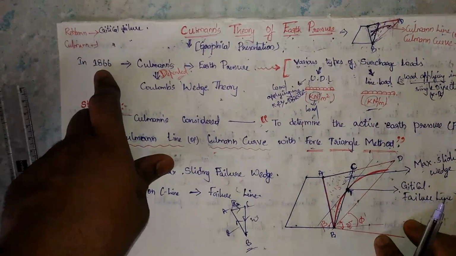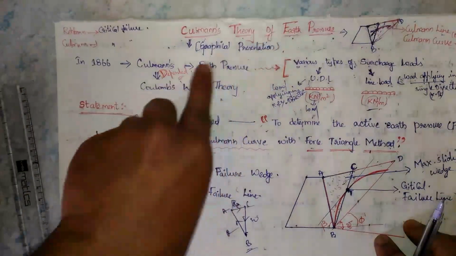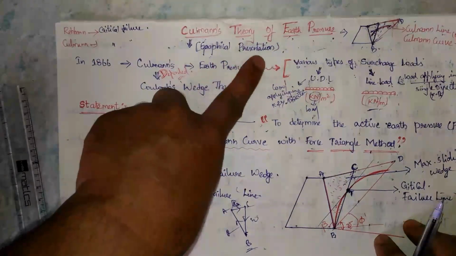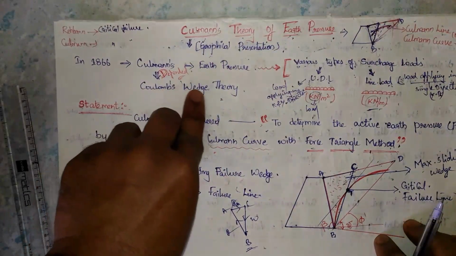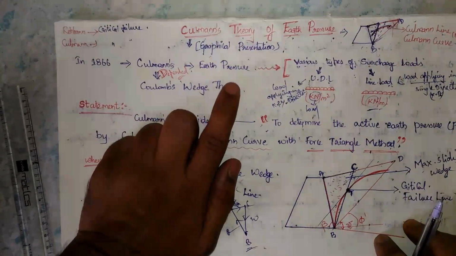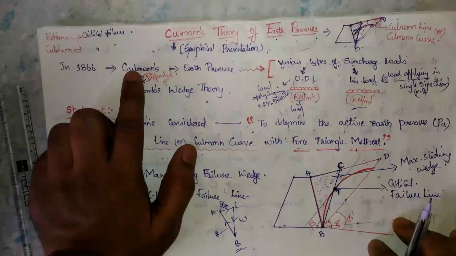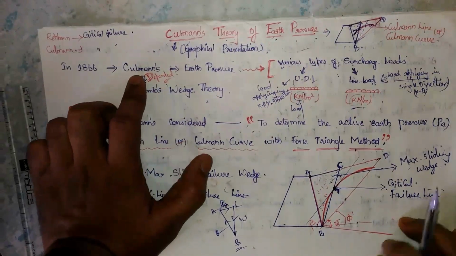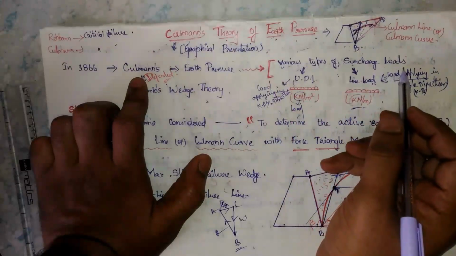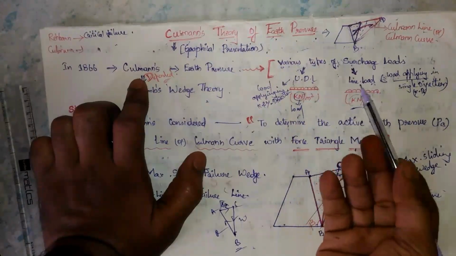In 1866, Culmann set out to determine the earth pressure using this graphical presentation, which depended on Coulomb's theory. In Coulomb's theory, the same figure was taken, but Culmann newly defined the case where different types of surcharge loads are applied, meaning UDL or line load.